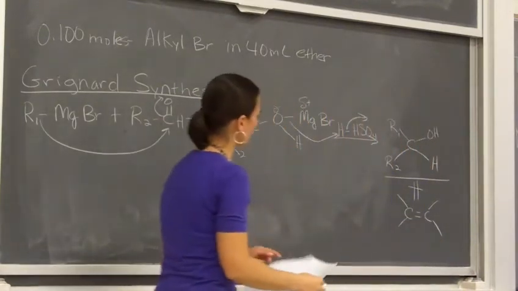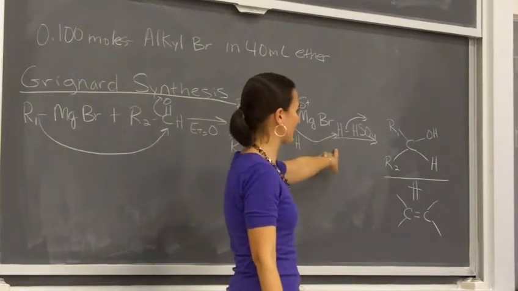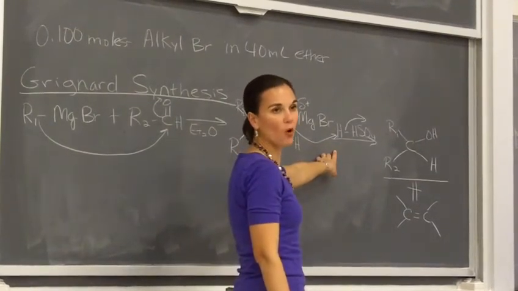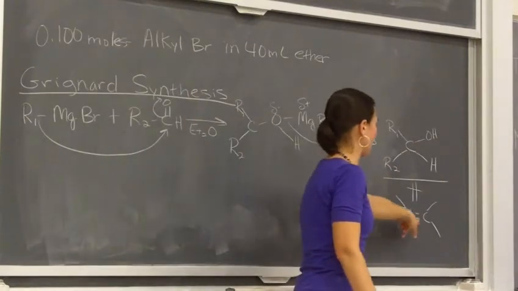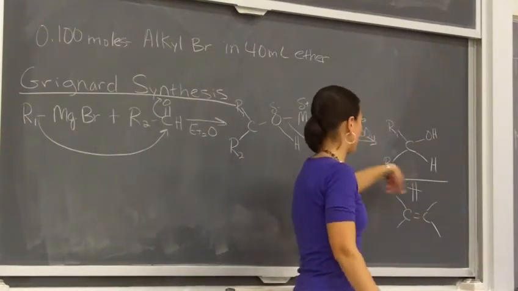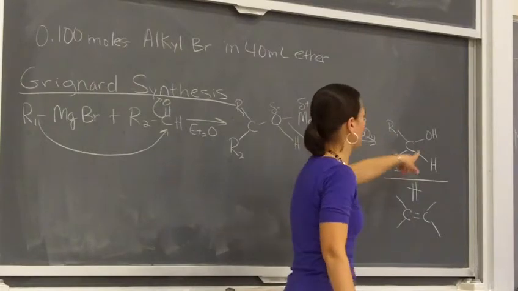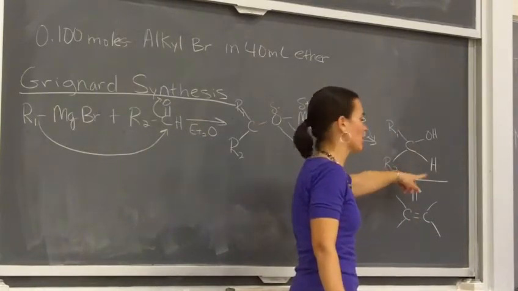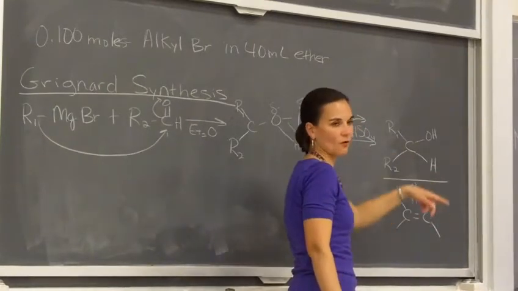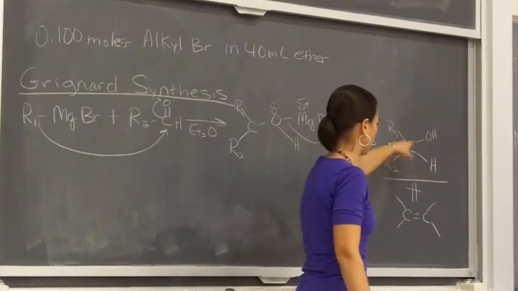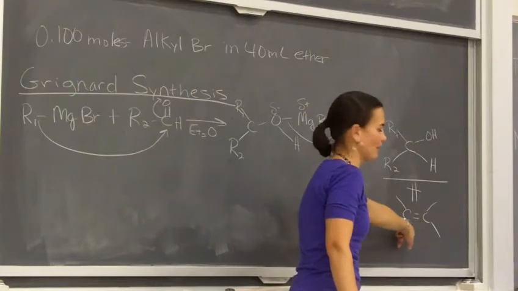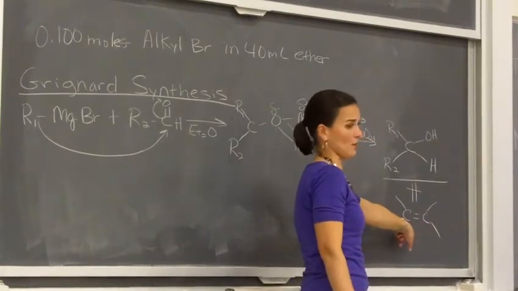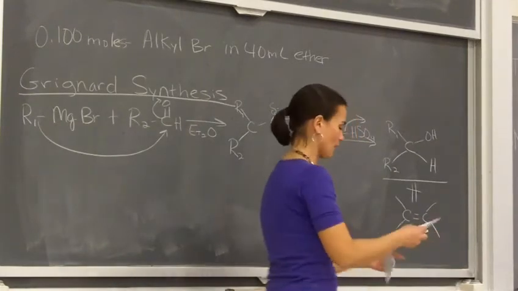When you get to the point that you're adding the sulfuric acid, you have to do it very slowly and keep everything cold so that you don't get elimination product instead of just protonating our intermediate and getting the alcohol, right? You can also eliminate with sulfuric acid instead of just forming the alcohol. So you could form this and then go on to form this. And we don't want this week, we want this next week.